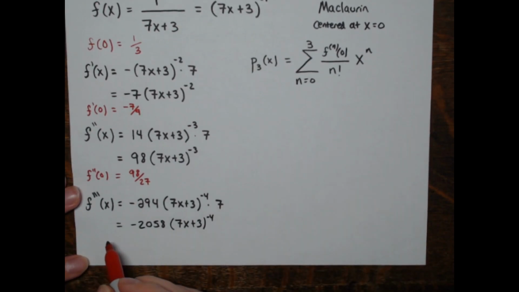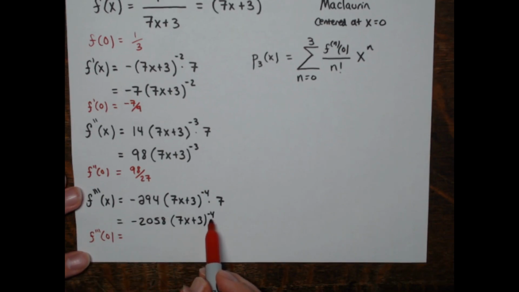And then the third derivative at 0. 3 to the fourth is 81, so 3 to the negative fourth is 1/81.